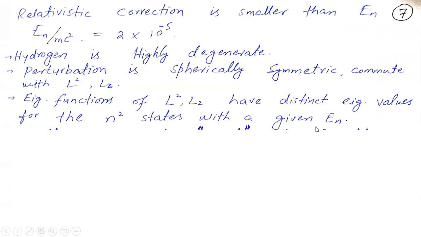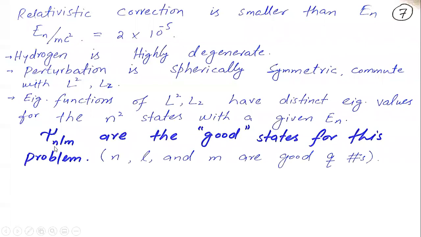So for a given value of n, with the same energy, we have n square states, and we can distinguish these n square states by using the distinct eigenvalues of the eigenfunctions of L square and Lz. So here n, L, and m are the quantum numbers, and for the principal quantum number n, L and m come from these two operators. n, L, and m are the good quantum numbers for this problem.